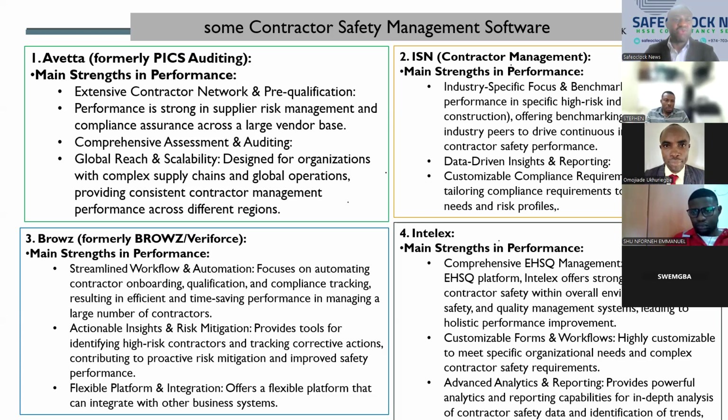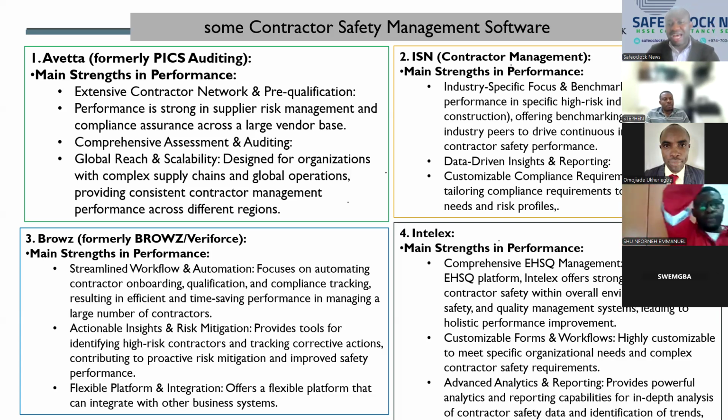So the first software is known as Aveta. Aveta has an extensive contractor network and pre-qualification ratios already inputted in the software. Many organizations, especially in the US, are using this software to manage their contractors. It has strong supplier risk management and compliance assurance.